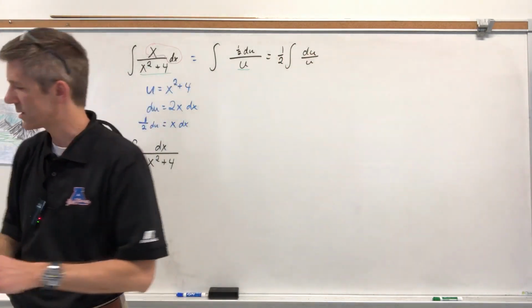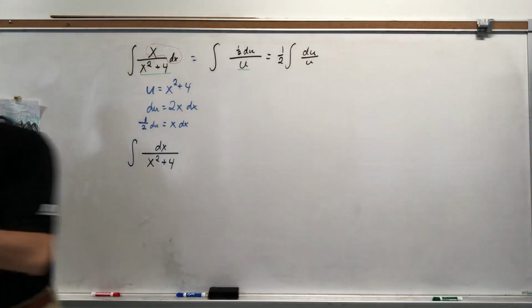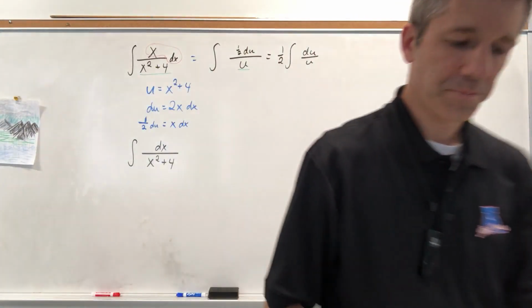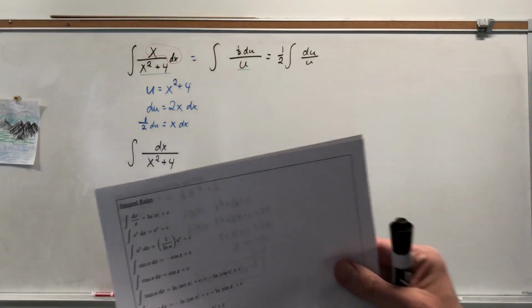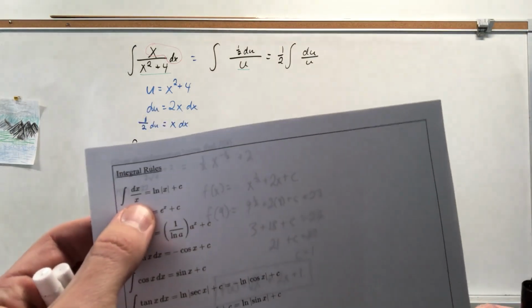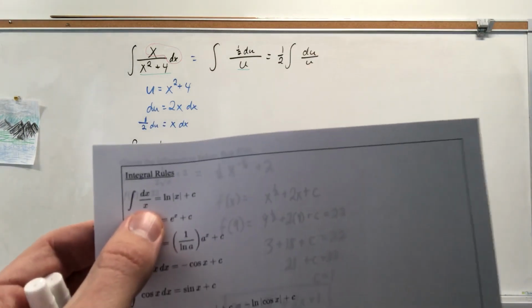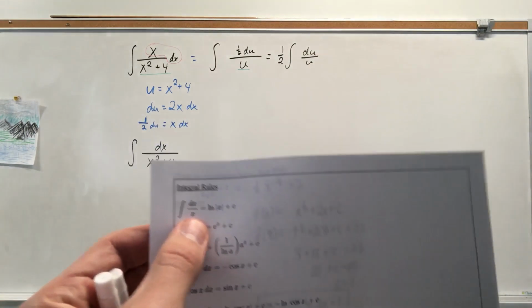There used to be a whole lesson devoted to this, but I don't find it necessary anymore because we have all kinds of amazing things, like a page full of integral rules. Notice that top one right there. What you see on the paper and what you see right there on the board are pretty much the same thing.